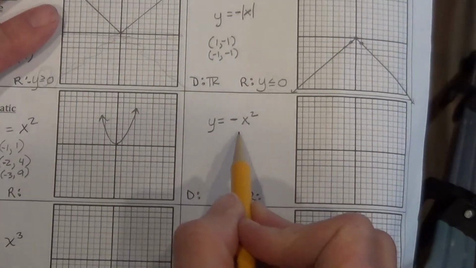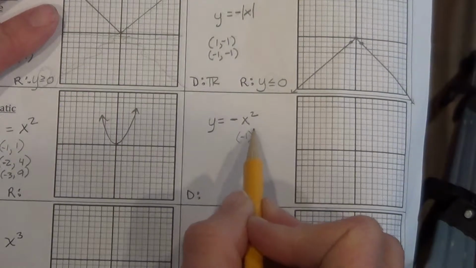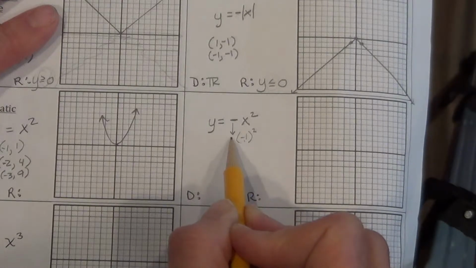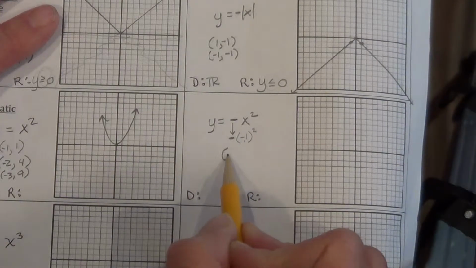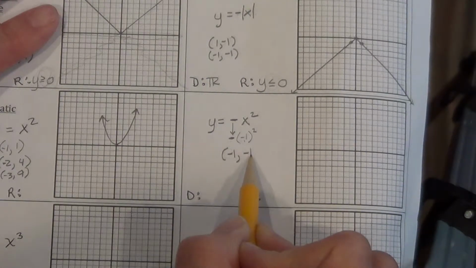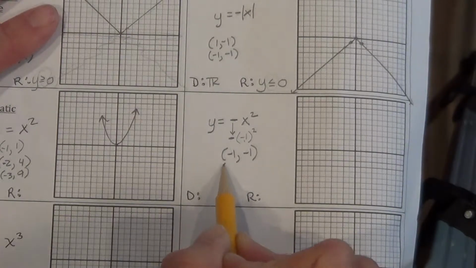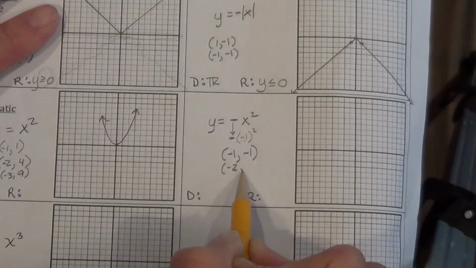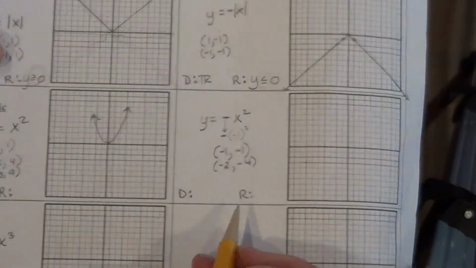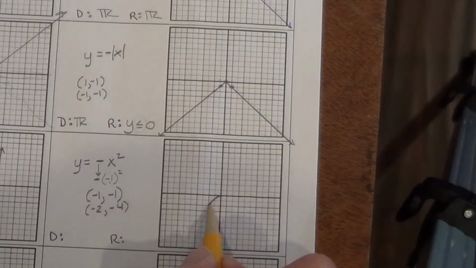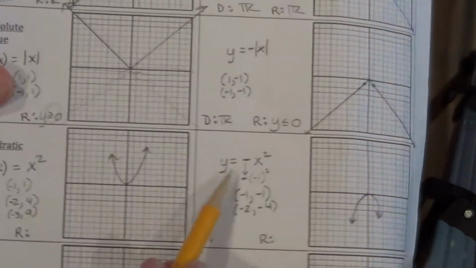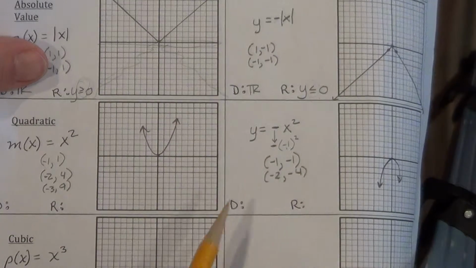When we plug in negative 1 squared, negative 1 times negative 1 is positive 1, but then we bring in that negative, so it becomes negative 1. So we have ended up taking those points and producing a negative answer with them when we square them. So the U comes down this way this time. Beautiful, isn't it? When we want that reflection, all we need to do is put that negative in front.